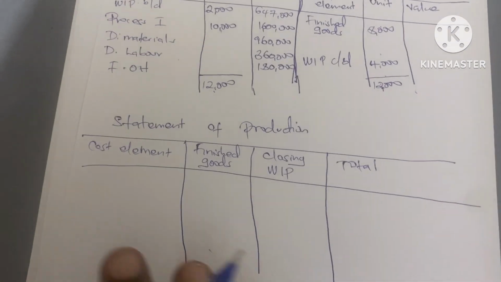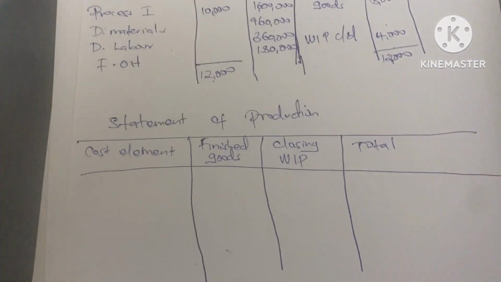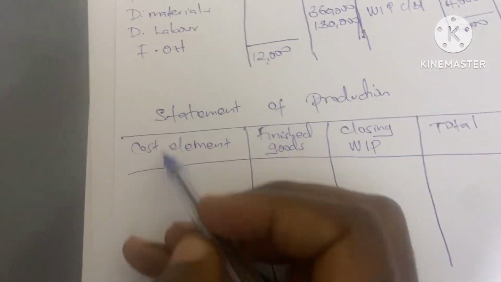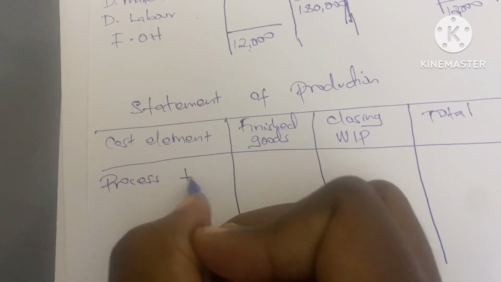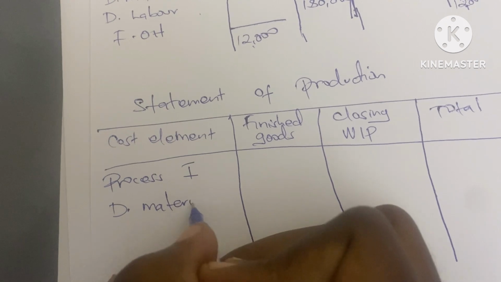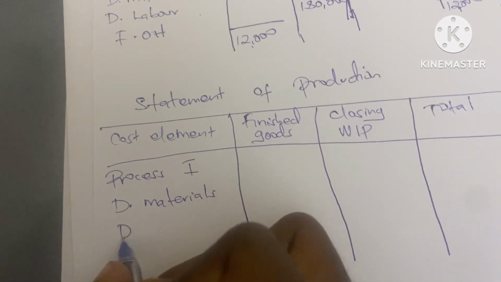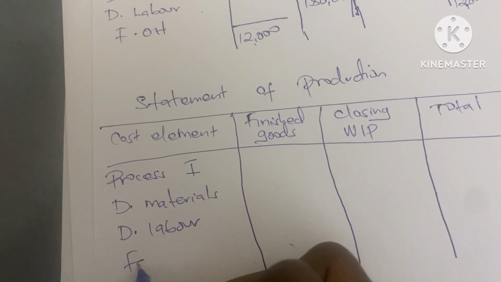Yeah, so we come to the statement of production. So statement of production, our cost elements, we have process 1, direct materials, direct labor, then factory overheads.